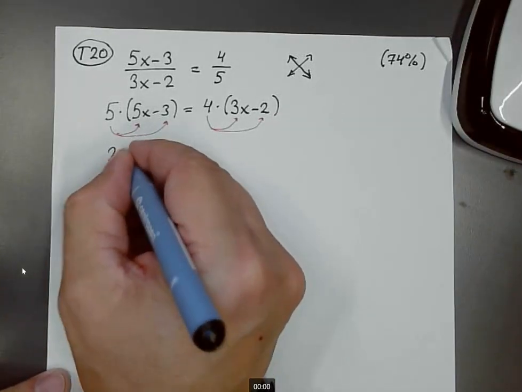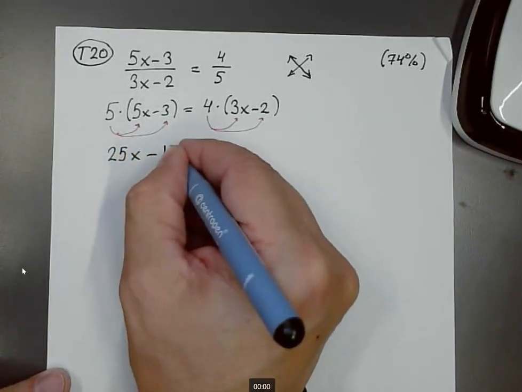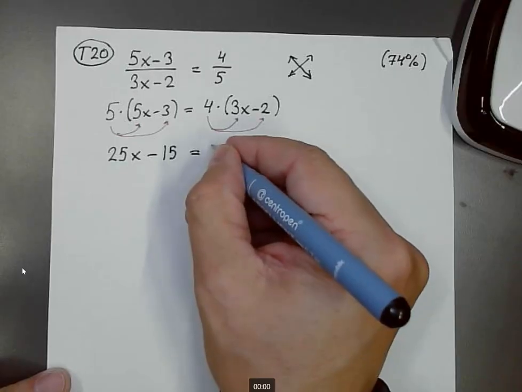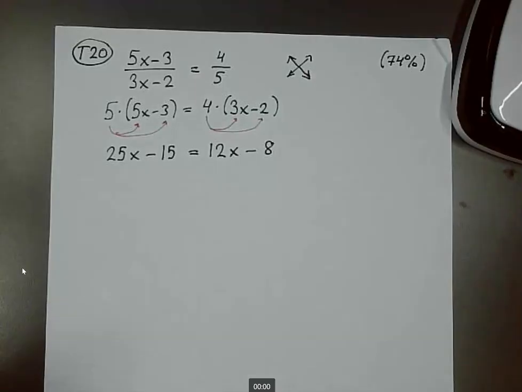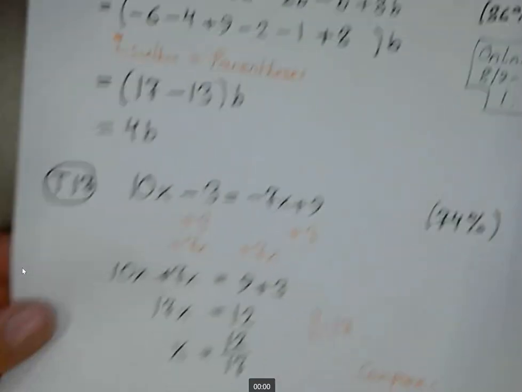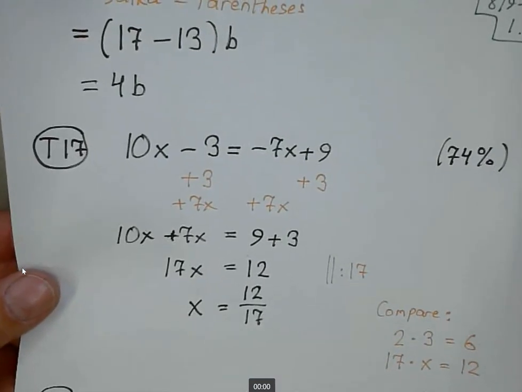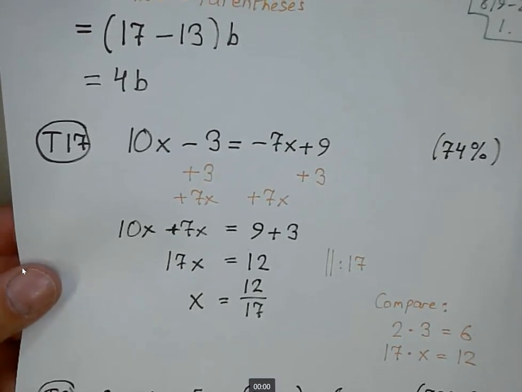We will get 25x minus 15 equals 12x minus 8. And after that at this point we have the same simple equation as for example in problem 17.